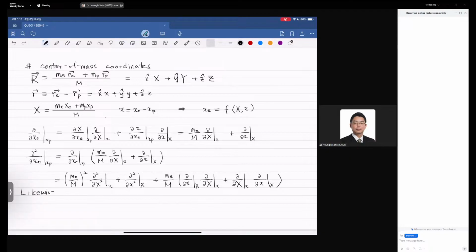And then you just follow the exact same procedure to get the proton's kinetic energy operator. To calculate that, you need this expression, and everything is the same except that m_e becomes m_p.